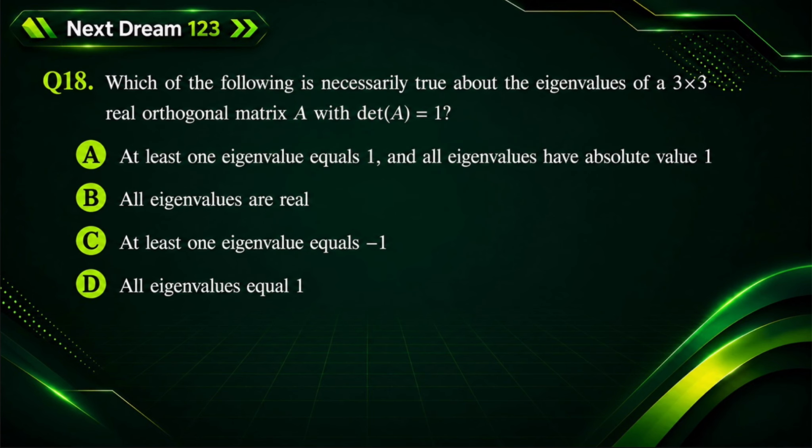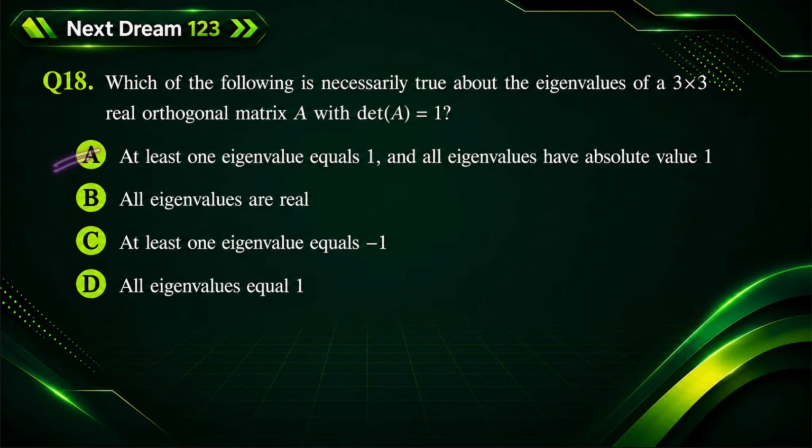Let's discuss the 18th question. Which of the following is necessarily true about the eigenvalues of a 3 by 3 real orthogonal matrix A with determinant of A equal to 1? First read what options they provided. Let's understand the options one by one.